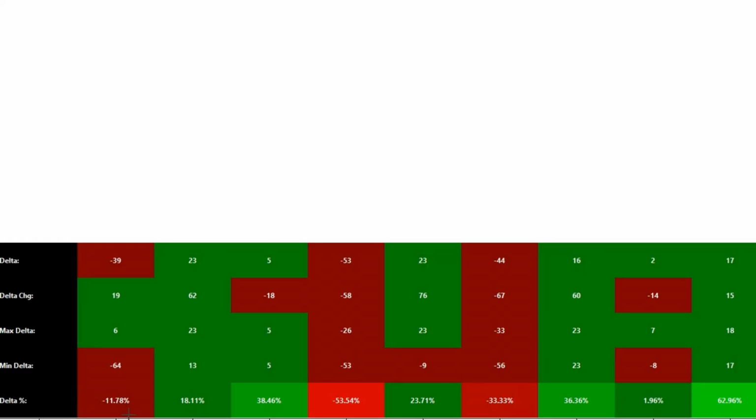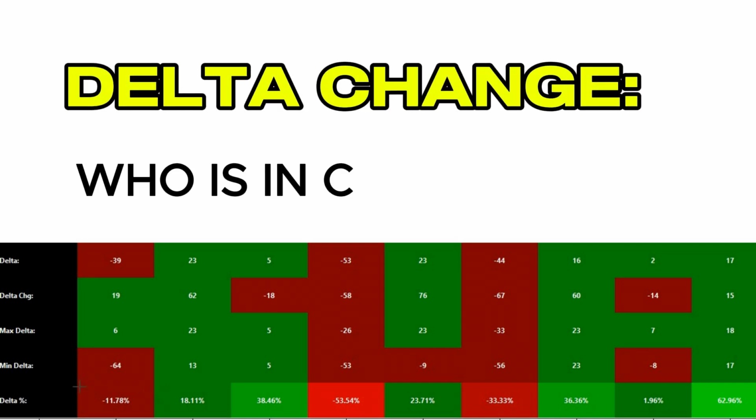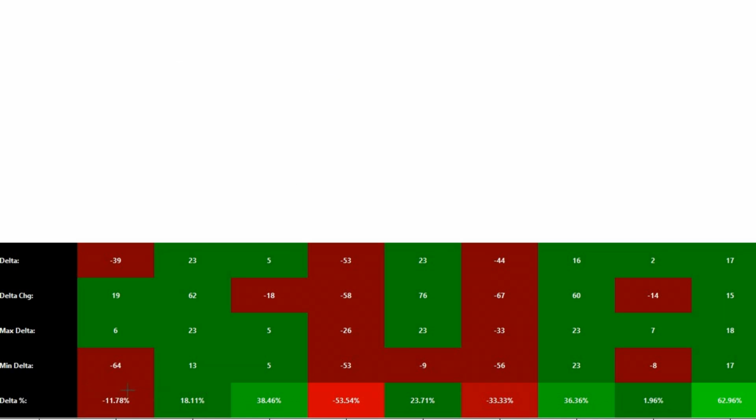Let's move back. The last thing on the delta statistics is the delta percentage. One of my favorite things, and you can see with a glance which side is in control at that specific candle. You can see that here sellers are in control, buyers are in control, again buyers are in control.